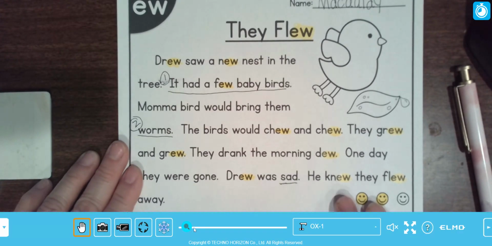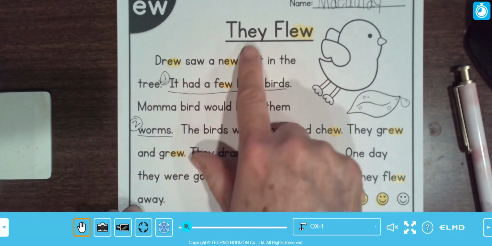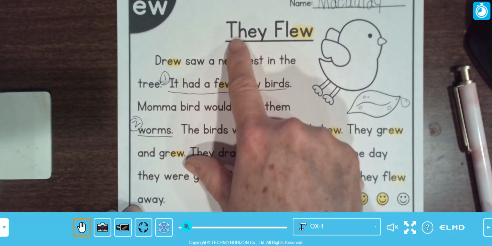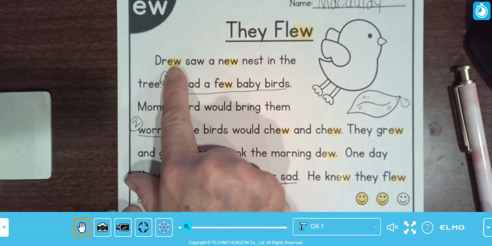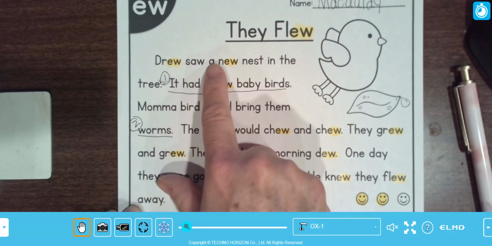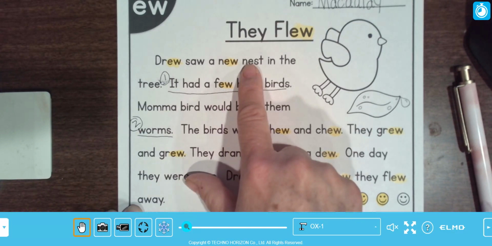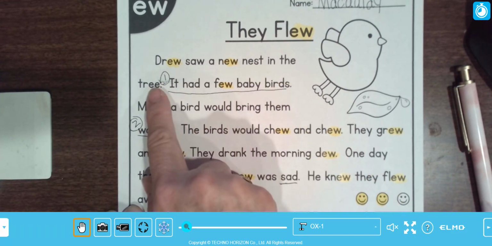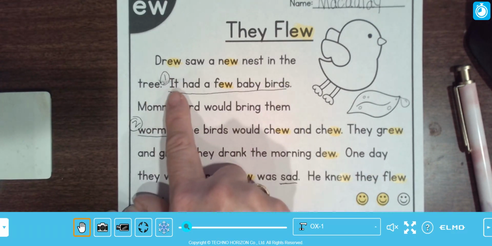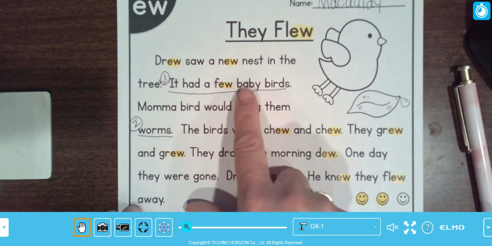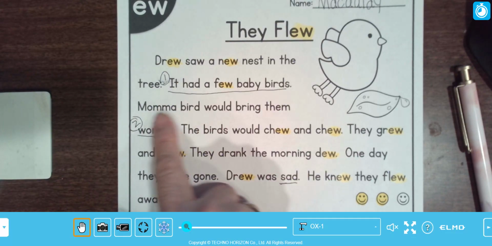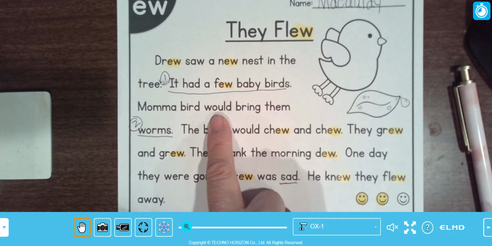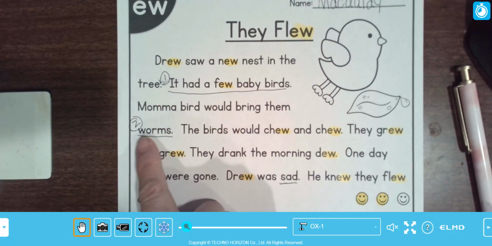All right, here we go. Let's read it again. Ready? Begin. They flew. Drew saw a new nest in the tree. It had a few baby birds. Mama bird would bring them worms.